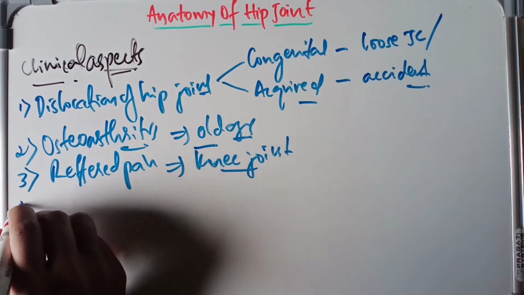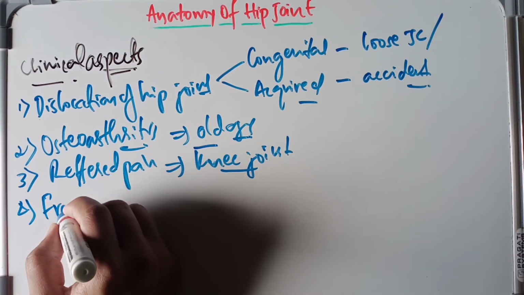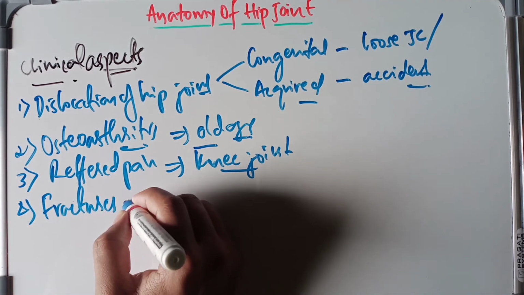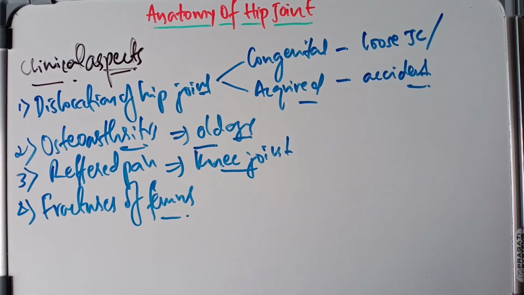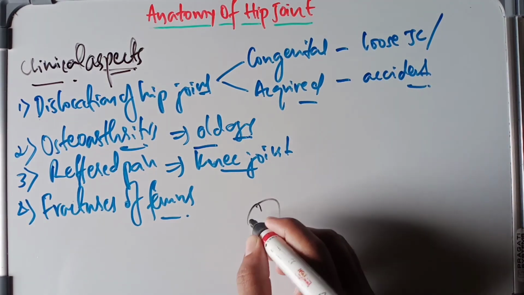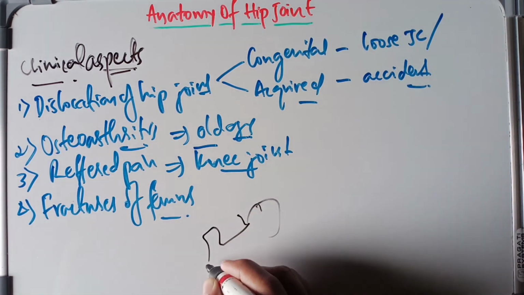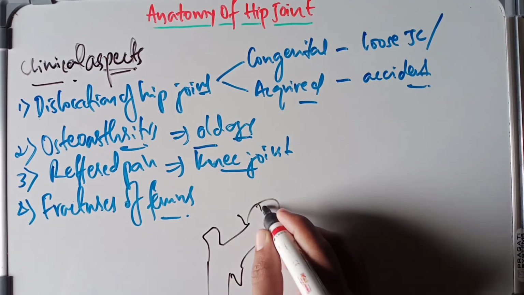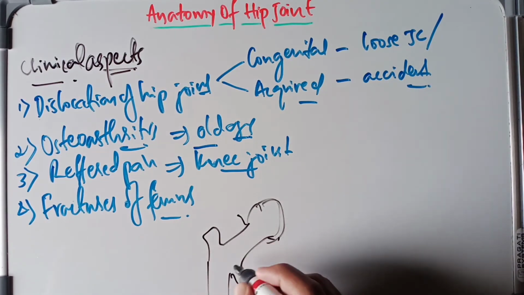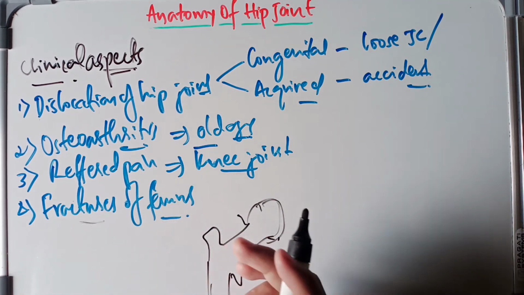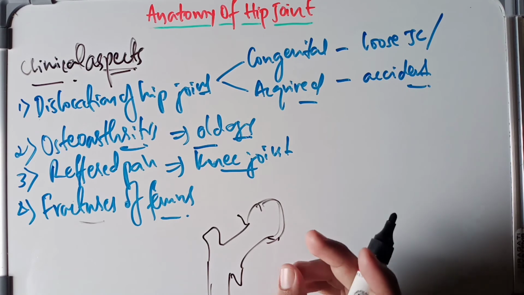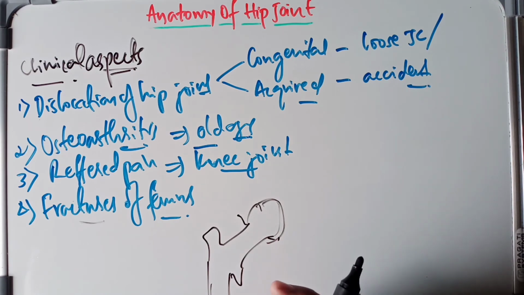And also we have fractures of the femur, which commonly occur due to automobile accidents. When you look at the femur, this is the head of the femur, and this is the greater and lesser trochanter and the body of the femur. There are four different types of fractures: subcapital, cervical, basal, and pertrochanteric.